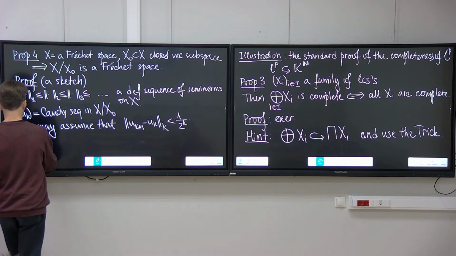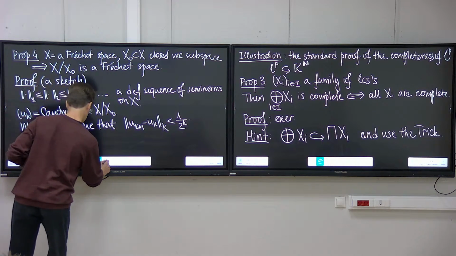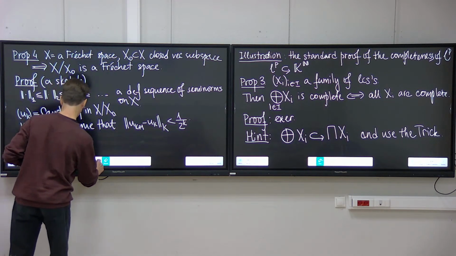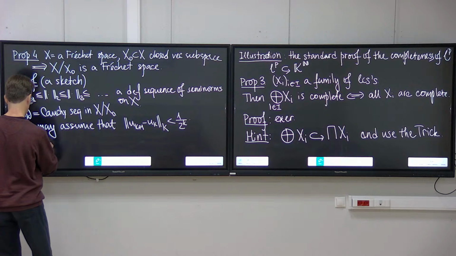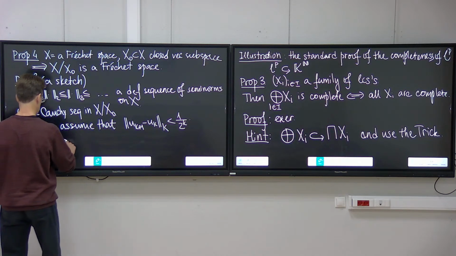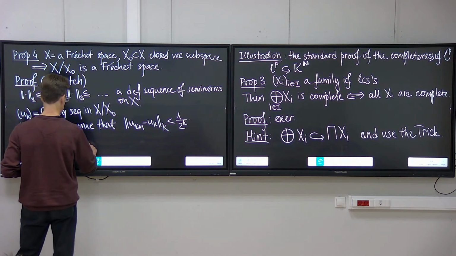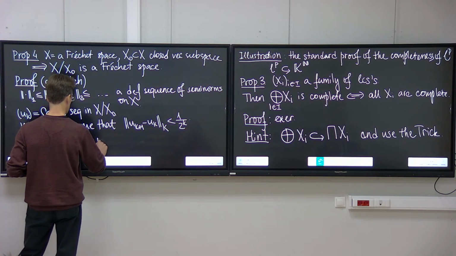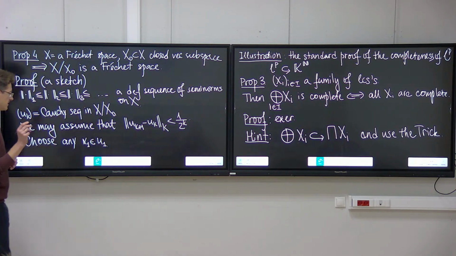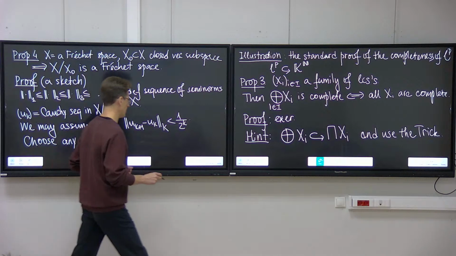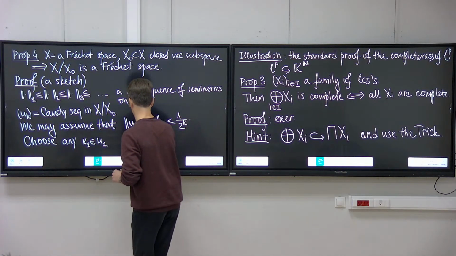Then we do the following. First of all, we choose an arbitrary representative of u1, any x1 belonging to u1. And now we use induction.